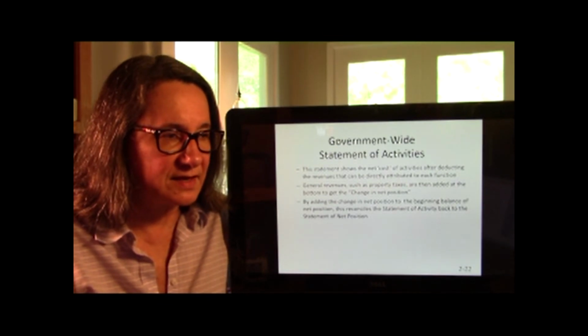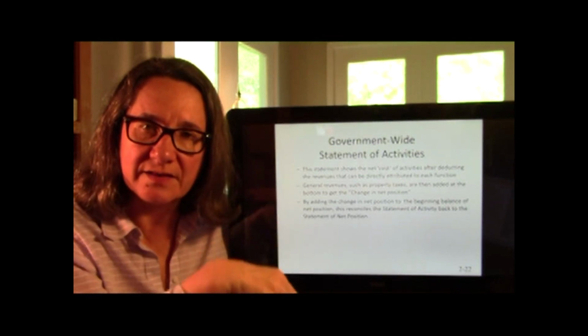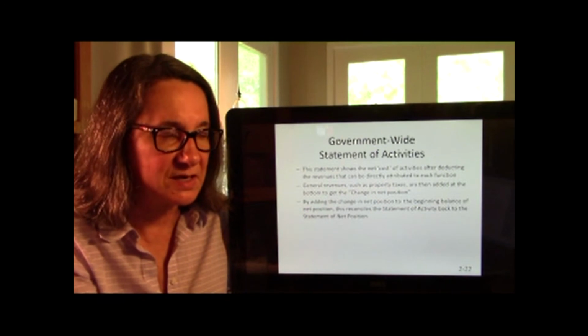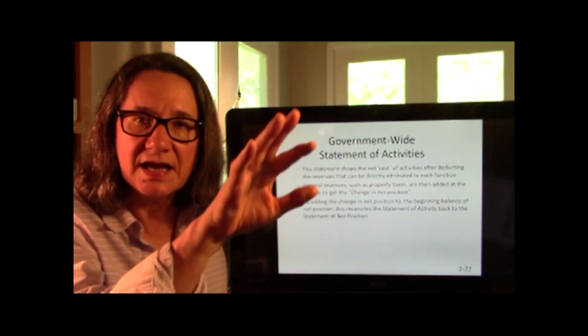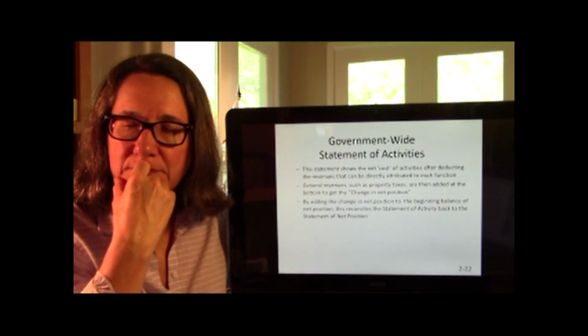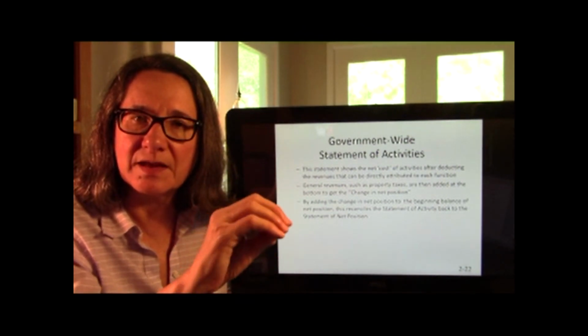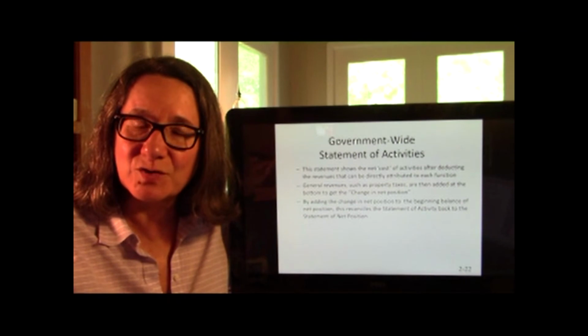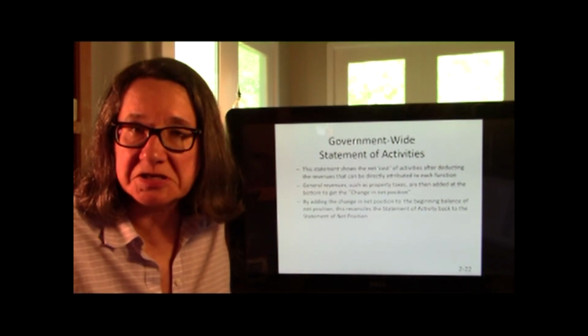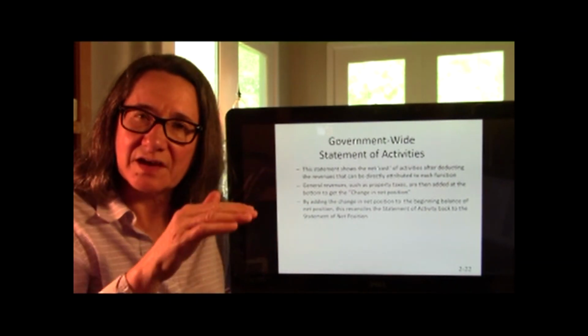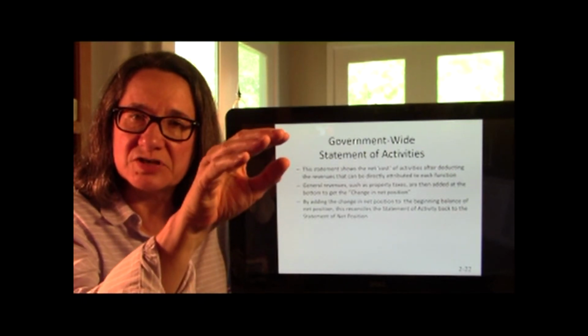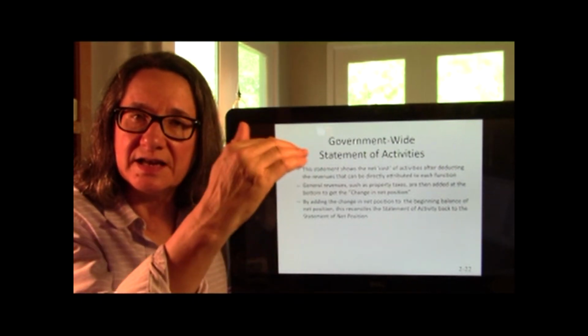And they take that statement of activities and reconcile it back to that first financial statement, the statement of net position. It's kind of like when you reconcile the net income and the owner's equity and you put it on the balance sheet under retained earnings. It's that same idea. We've changed our net positions in each of these areas.